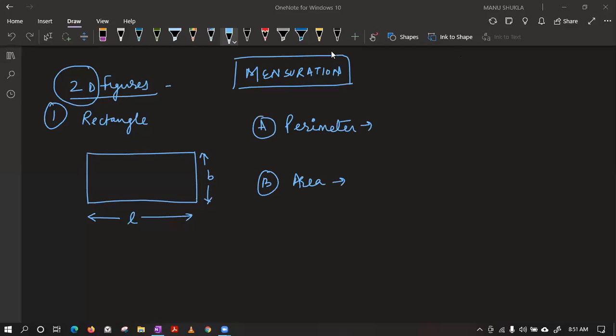So whenever we are talking about the boundary of a given 2D or 3D figure, we are talking about the boundary only. So you can see here A, B, C and D. If I name this rectangle as ABCD, then it will be AB plus BC plus CD plus DA. So the length of all sides is known as perimeter.